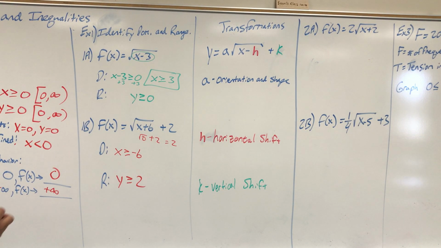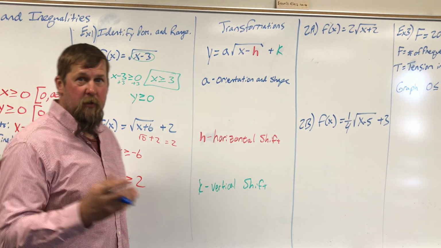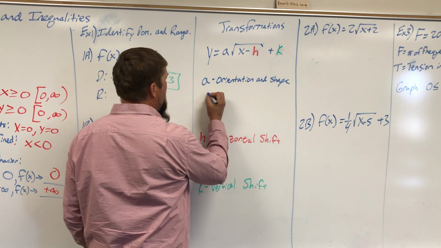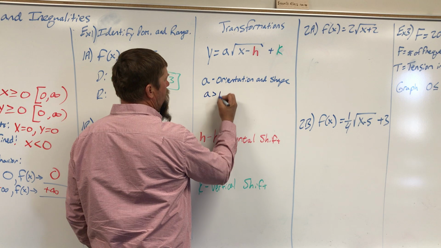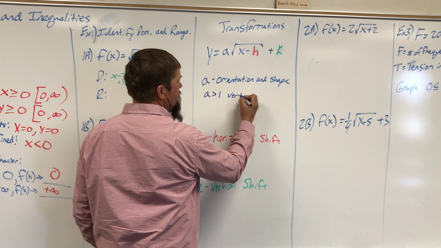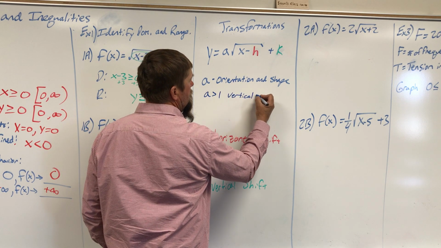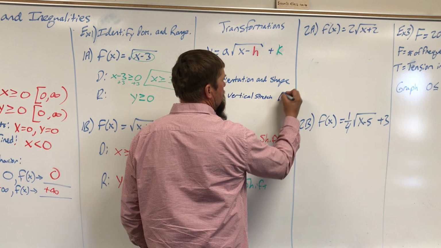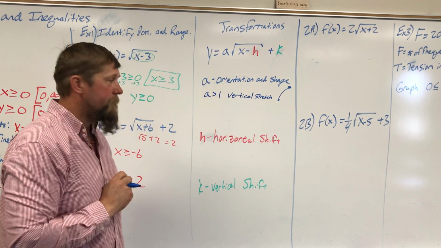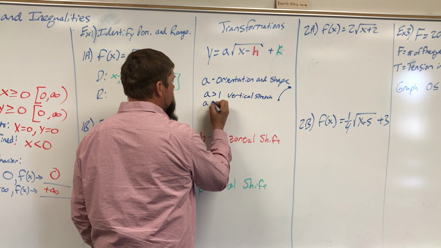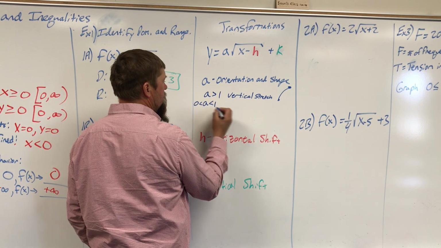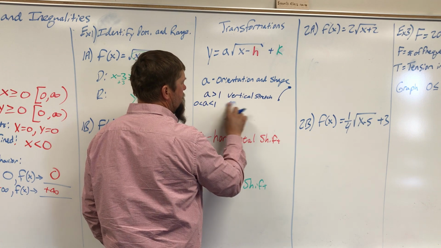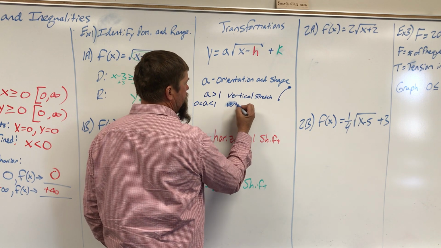So anytime A is 1, it's going to be the normal shape and orientation. So if A is greater than 1, it's a vertical stretch. And of course, it means it's going to go up higher, faster. If A is less than 1 but greater than 0, it is a vertical compression.